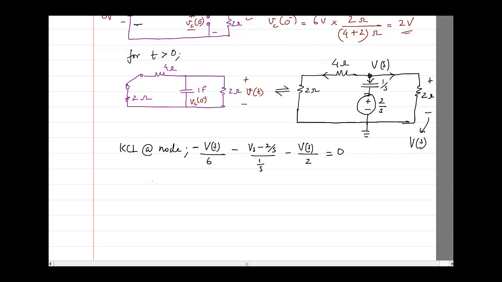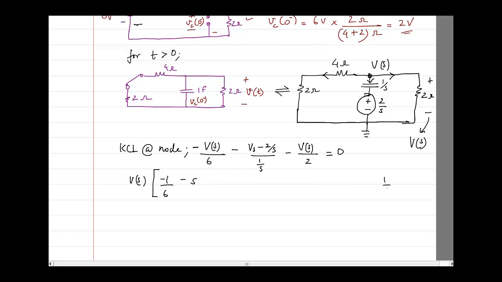So let me write like that and take V of S common. If I take V of S common, then I will get minus 1 by 6 minus of Vs. If I take out, I will get 1 by S, which becomes minus of S. Why?